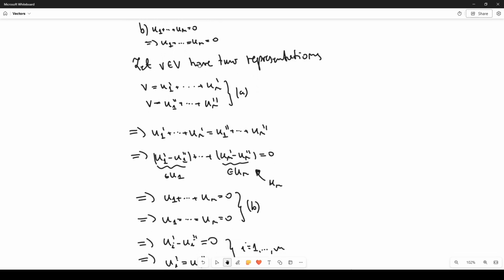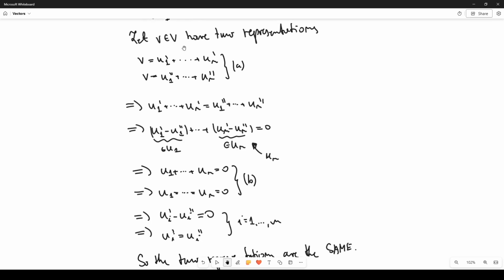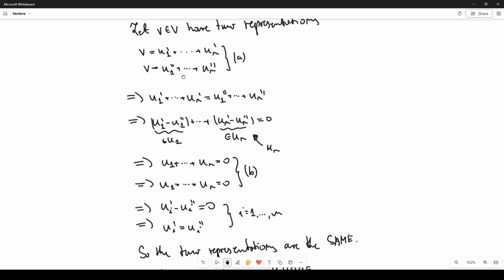So let's suppose that some vector V in our vector space big V has two representations. So there's two ways to write out V using the corresponding vectors from subspaces. So we suppose this. And now since V is equal to V, we can equate these two. So we have that this representation is equal to this representation.